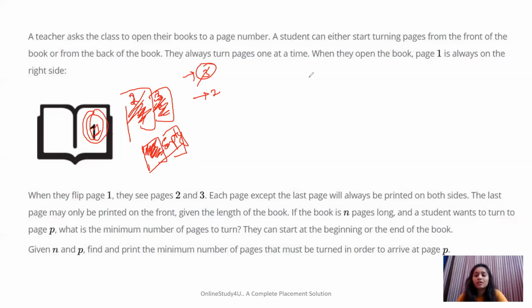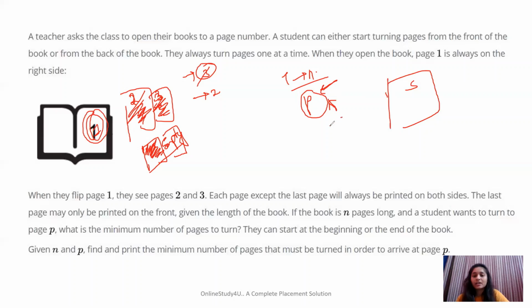What the question asks is: we are given the total number of pages a book has, and the page on which we want to land. They are asking for the minimum number of pages to turn, either from the beginning or from the end, so that we can reach the given page P. Suppose I need to reach page 5.